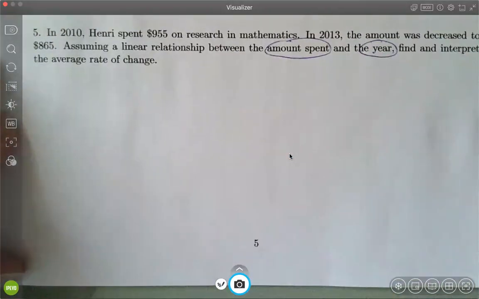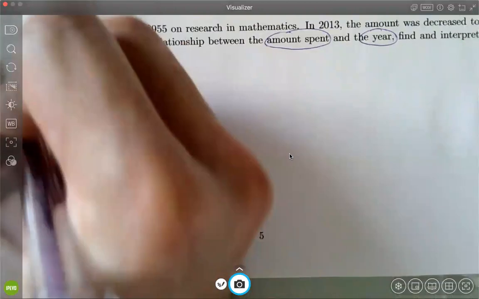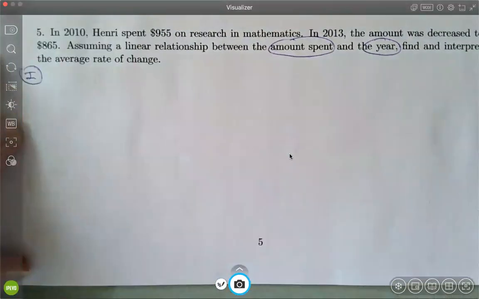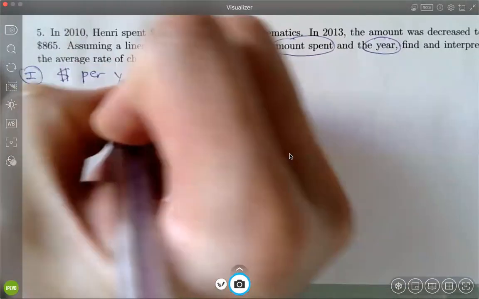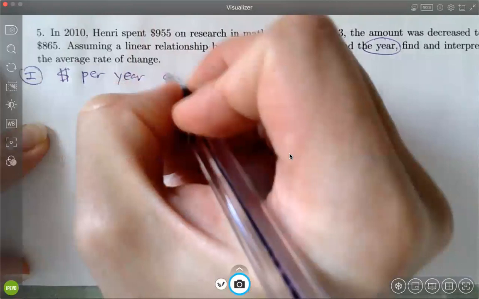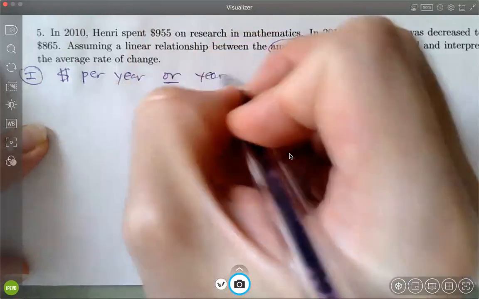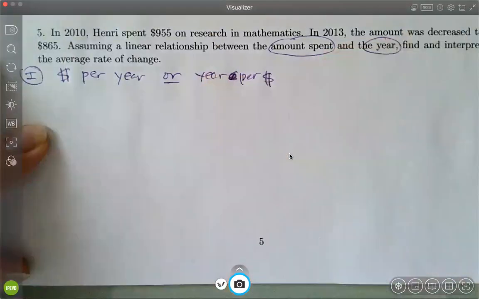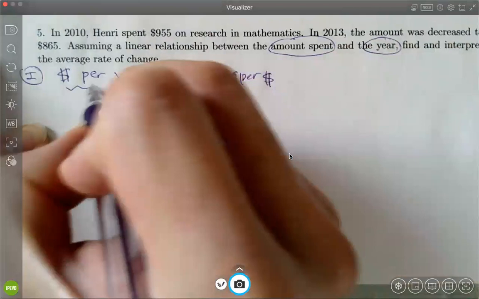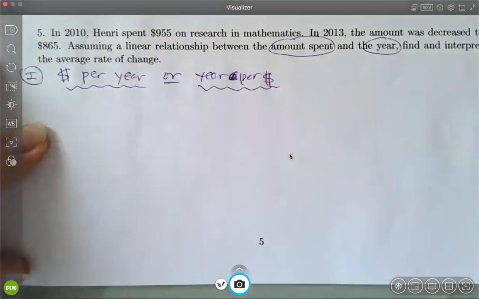So what does that mean? Since our average rate of change has to have something per something, it has to be either dollar per year or year per dollar. It has to be one of these two. This is fairly straightforward: which unit sounds better?